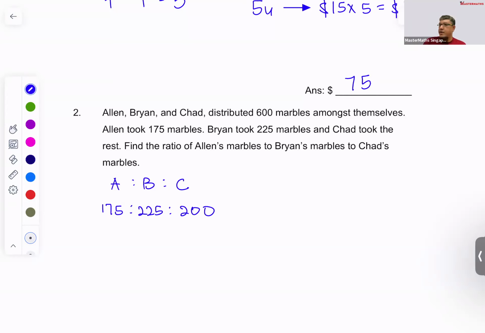Now, how do I reduce this? What number do you think you want to divide it by? What's the biggest number you can divide? How many? 25 is correct.